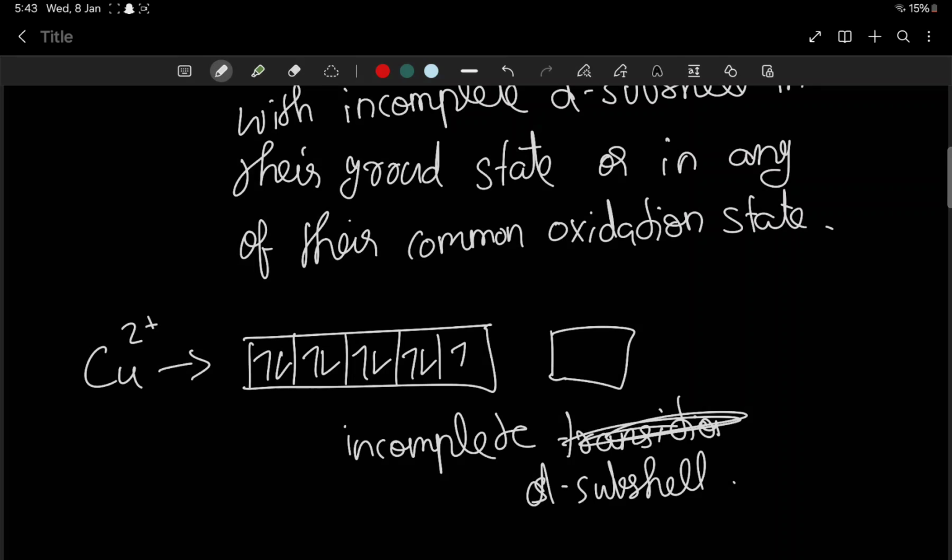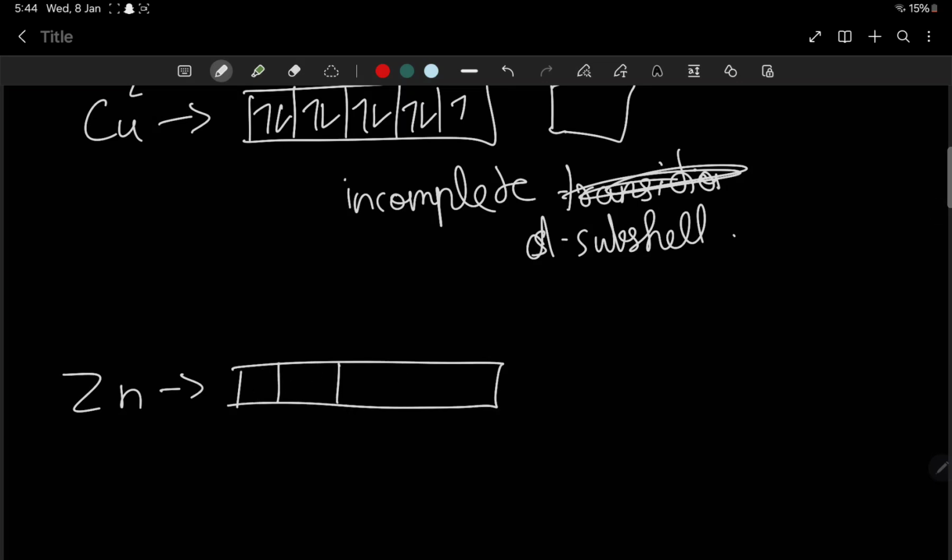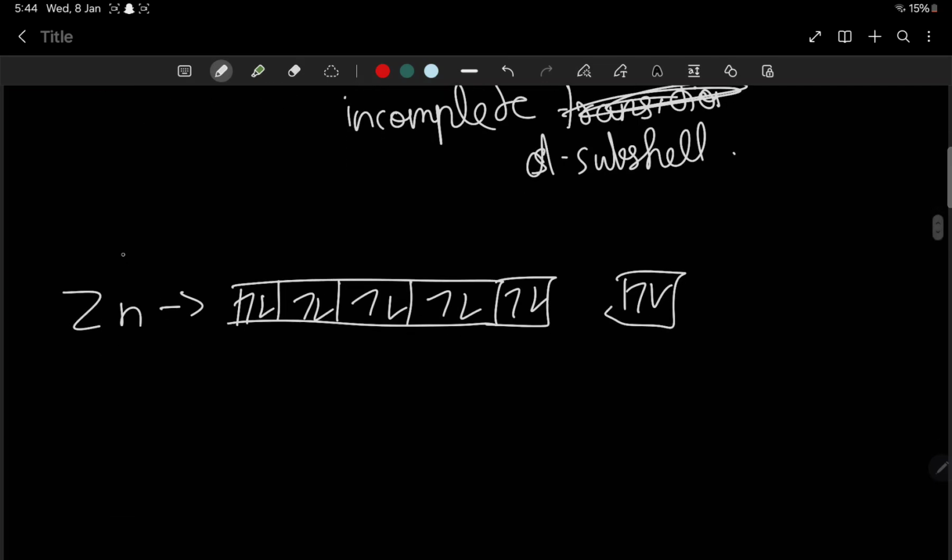Perfect. Yes. But I have to ask you about zinc. The electronic configuration of zinc is 3d10 4s2, and the common oxidation state of zinc is Zn2+. That is, from s we take 2 electrons. Here the s subshell is incomplete, but the d subshell is completely filled.